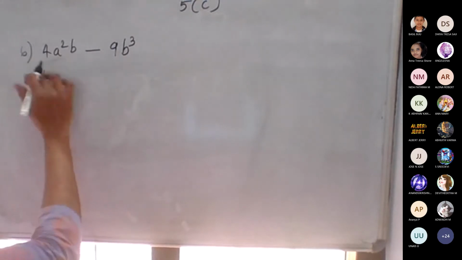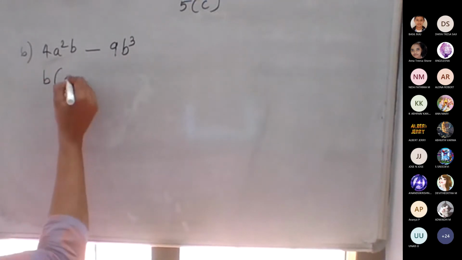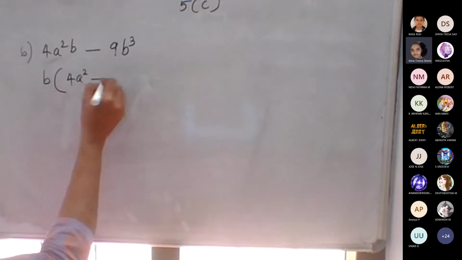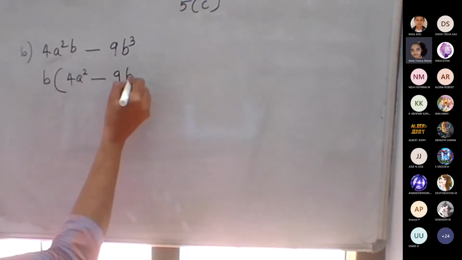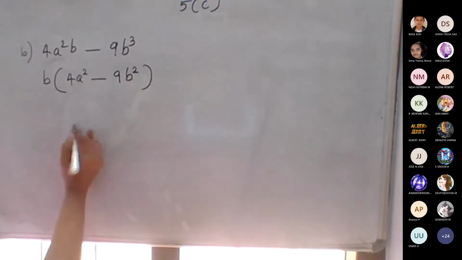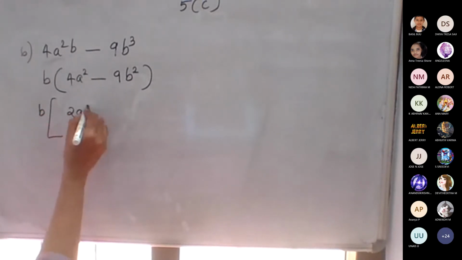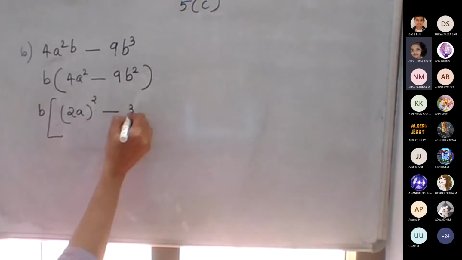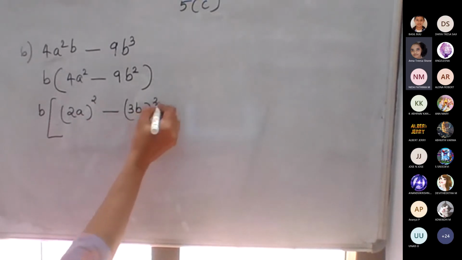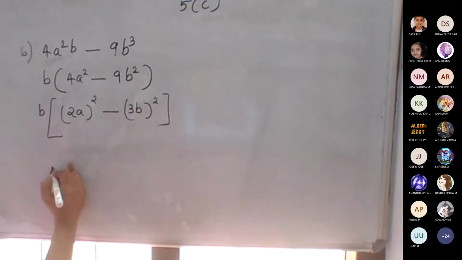So if we take b common, the remaining we can write as 4a square minus 9b square. Then this can be written as 2a the whole square minus 3b the whole square.